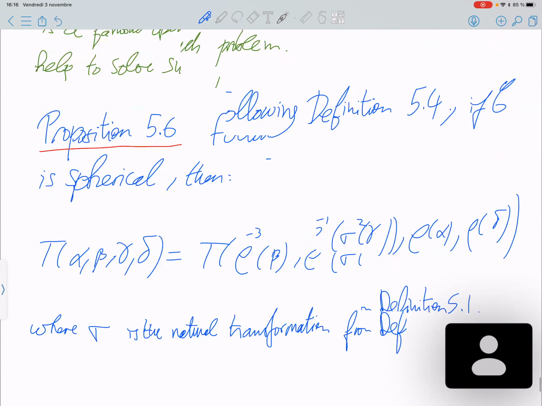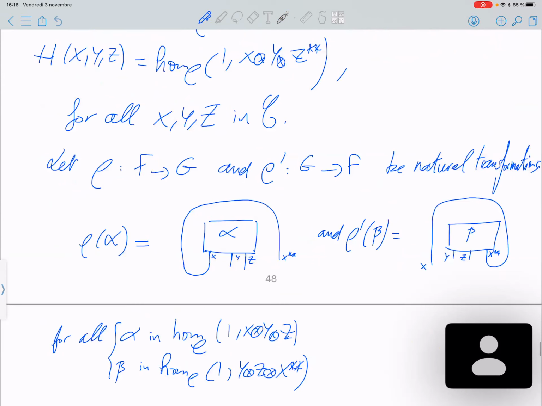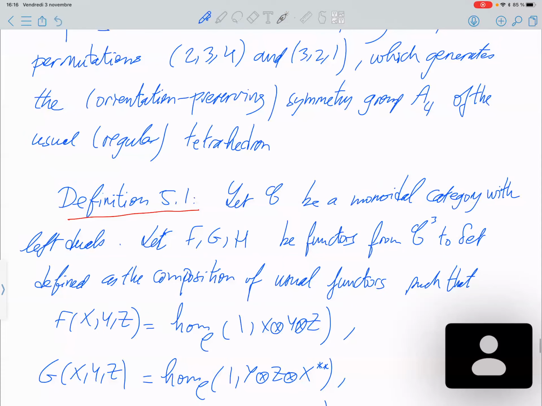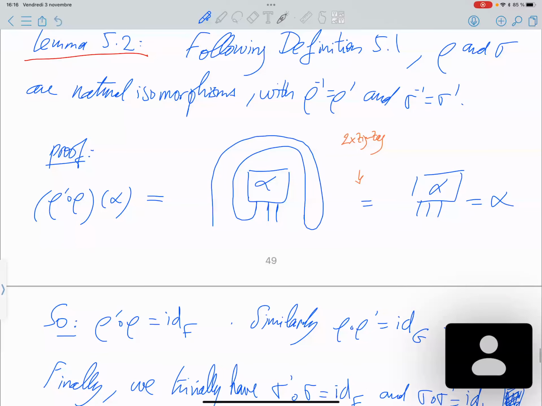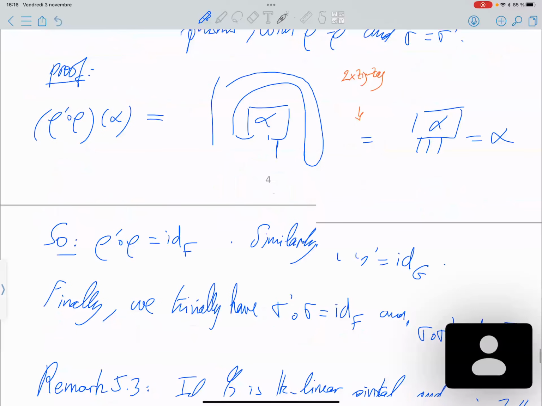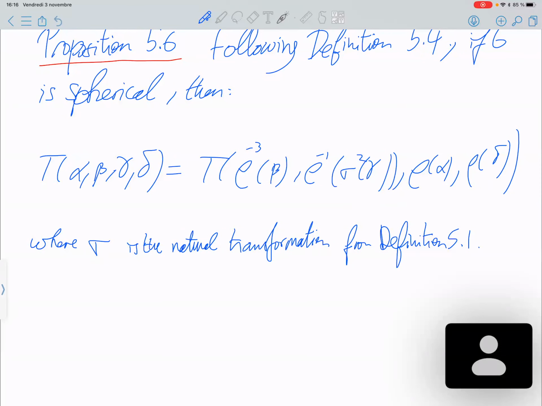Here, rho and sigma. So I should, in fact, add also, I don't know if I forgot to write that, where rho is the natural transformation.